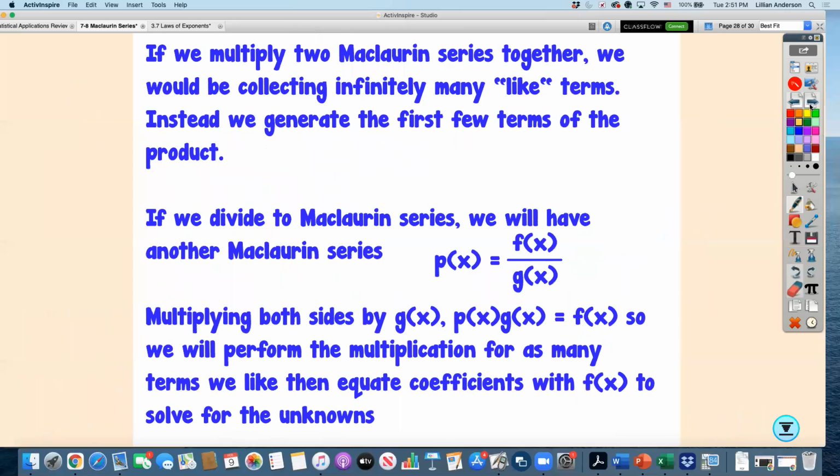Real quick, just kind of listen along for this, because really what Maclaurin series is, when you're multiplying or when you're dividing, when you're multiplying, you're still collecting like terms. You're going to multiply and then collect like terms. With division, you're going to multiply both sides by whatever the denominator is, and then essentially it turns into multiplication again. Okay?